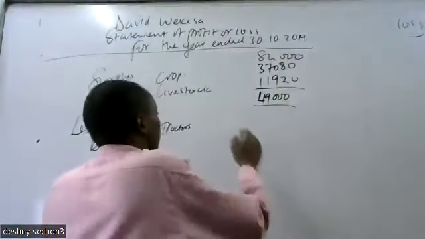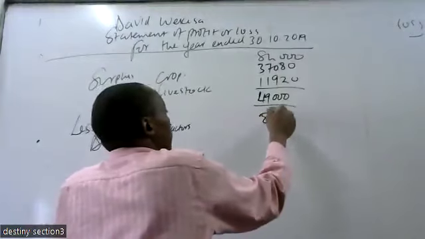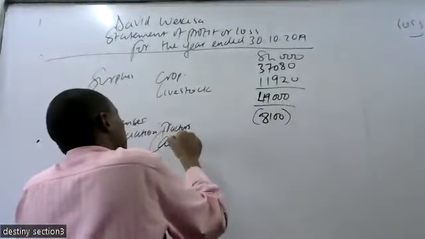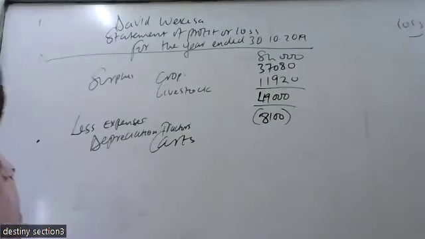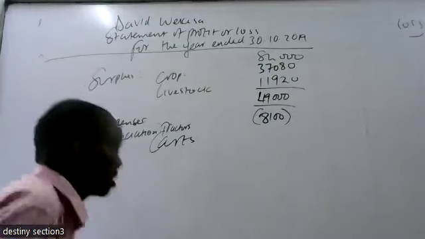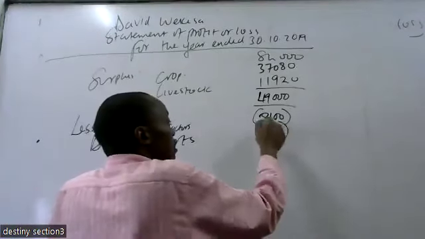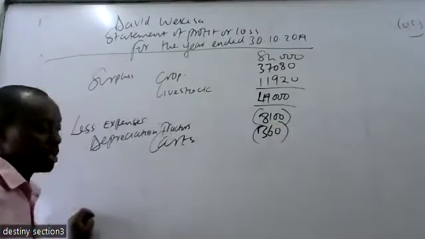Tractor 8100. Parts $360. Any other expense? Like general admin expenses?